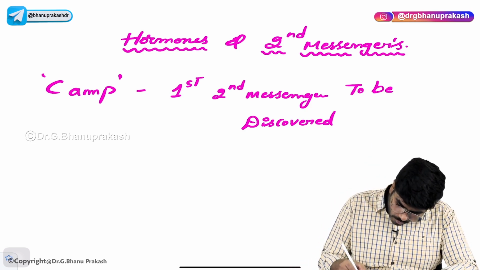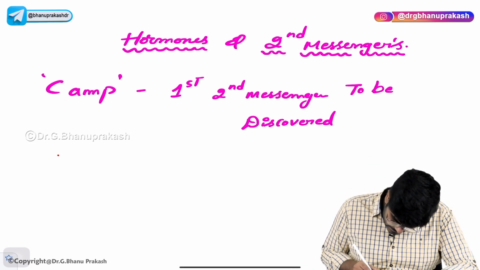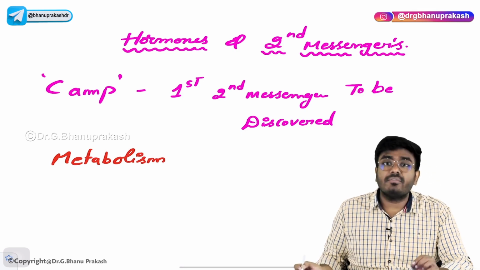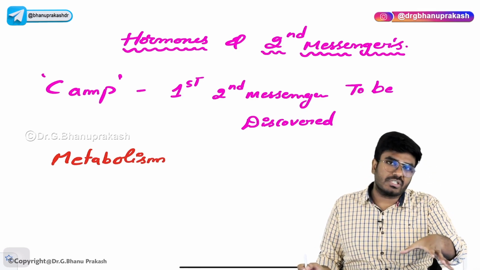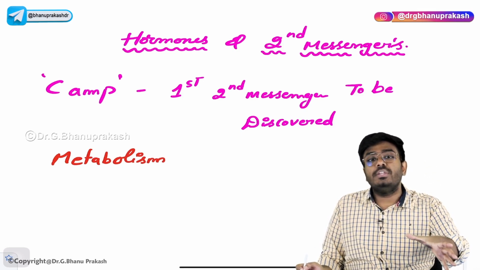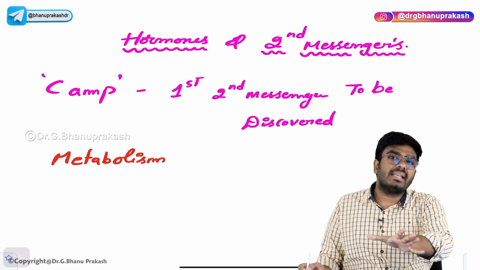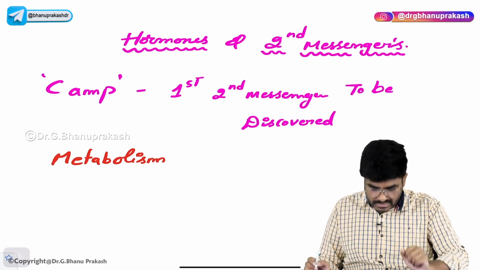The first type of hormone is the hormones involved in metabolism. Those hormones which are involved in metabolic reactions or metabolic processes, not all hormones, some hormones, will use the cAMP secondary messenger system for their actions.